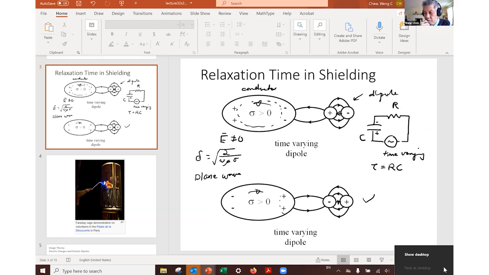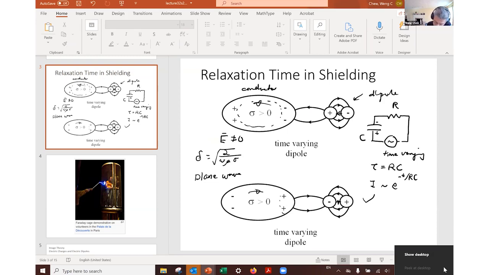And also, if C is very large, this relaxation time will also become bigger. You can actually solve this problem in closed form. I'm sure that you have solved this problem before. Then you will find that the voltage and the current I are proportional to something like this.